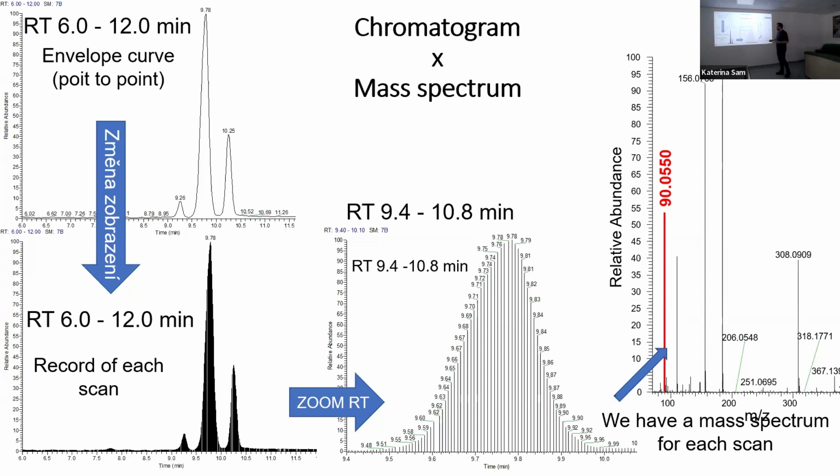If we focus the retention time only on this second peak, we have a lot of scans for the one peak, and in each scan we have a mass spectrum. If I need quantitative information, I typically need 15 scans per peak.